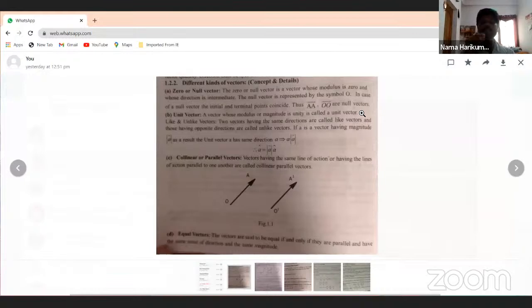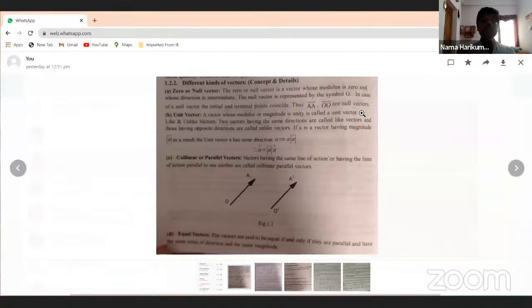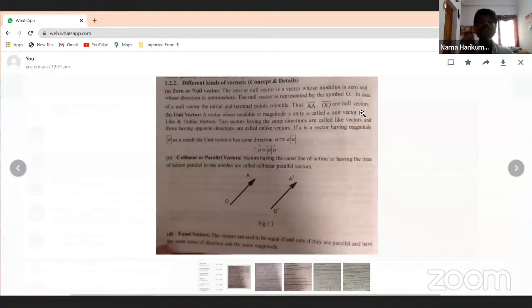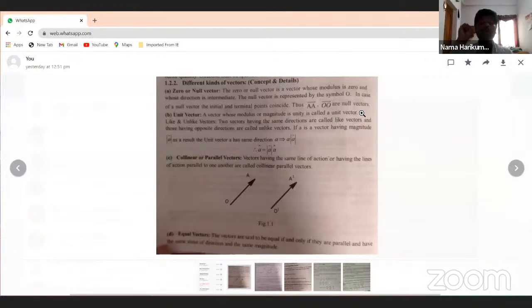Parallel vectors are just moving parallel, telling only about direction. But in equal vectors, the physical properties and direction are all equal, that is, the magnitude and direction of the vectors are equal.